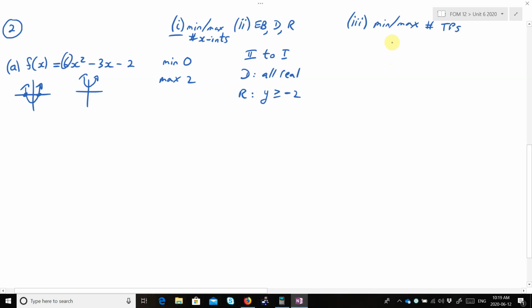The minimum number of turning points is 1, and that's the maximum number of turning points as well. Okay, and you can see that that's consistent with the answers in the back.